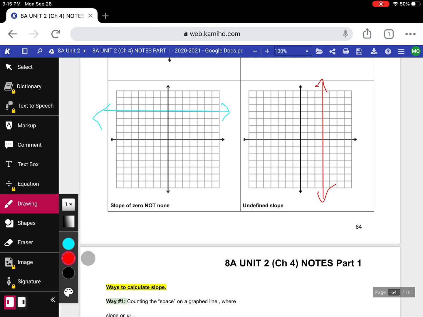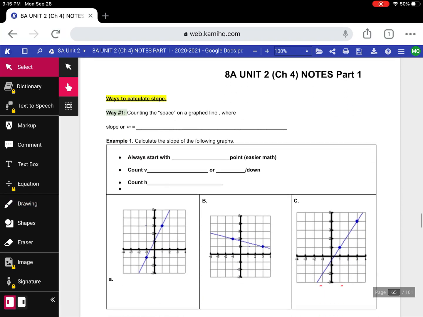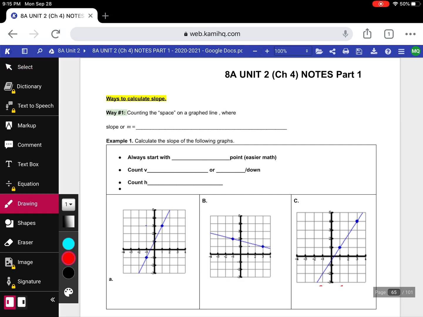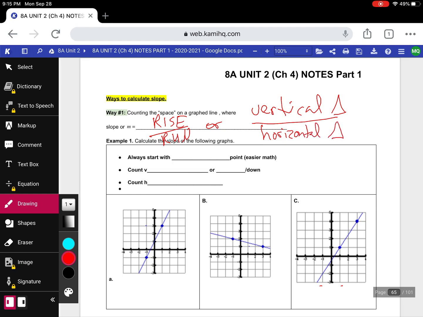And now we're going to talk about ways to calculate slope. Way 1, counting the space on a graphed line, where the slope, or the m, remember slope is m, and we're going to talk about it as rise over run, or you can say vertical change over horizontal change.